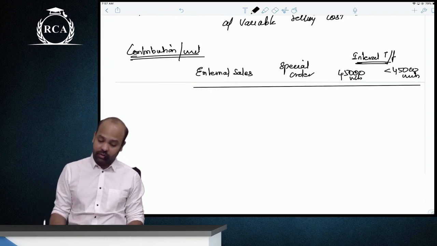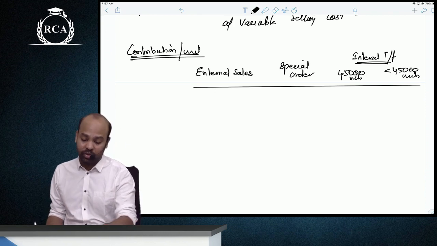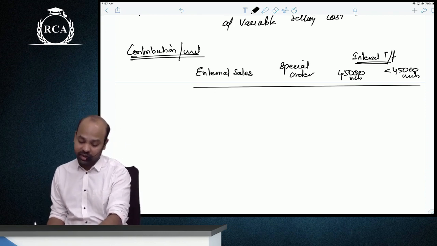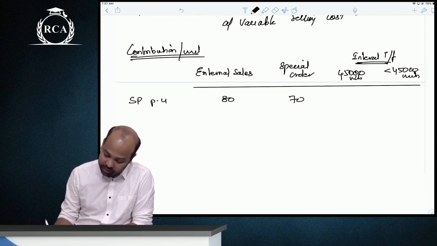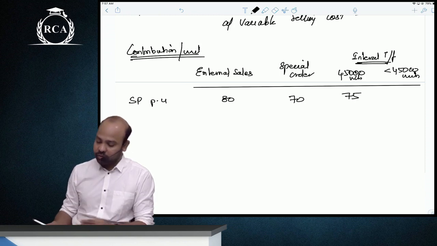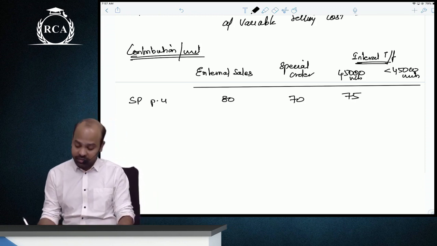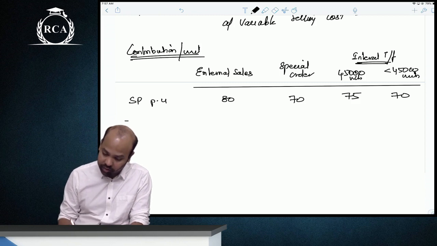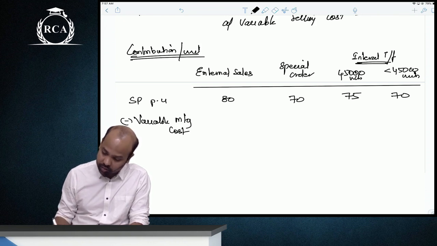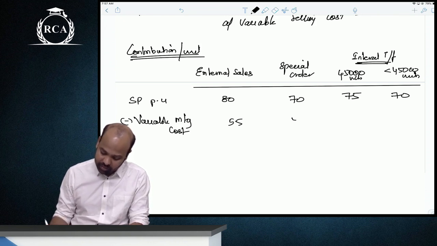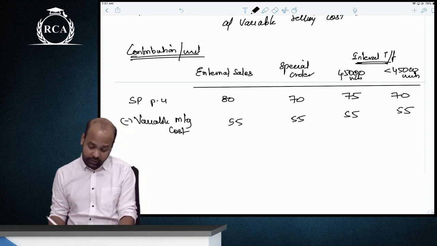Correct, sir? Yes. So our selling price per unit for external sales is 80 rupees. For special order, it is 70 rupees. Internal transfers, if you transfer the entire 45,000 units, it is 75 rupees. Otherwise, it is 70 rupees. Your variable manufacturing cost is 55 rupees, and it does not matter whether it is export sale, internal sales, or special order.